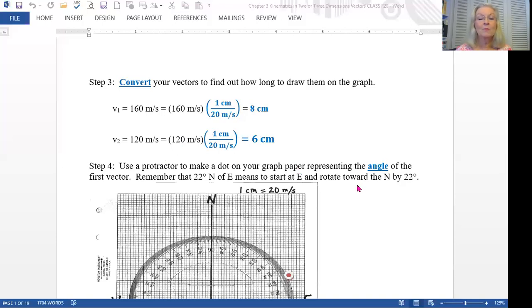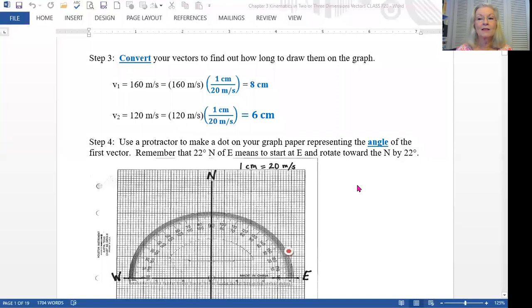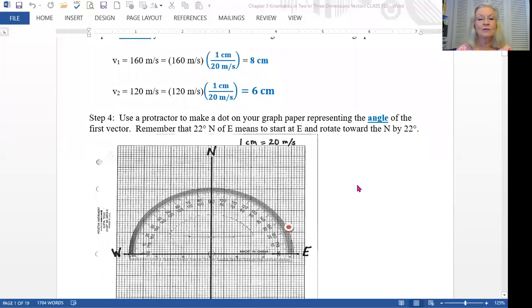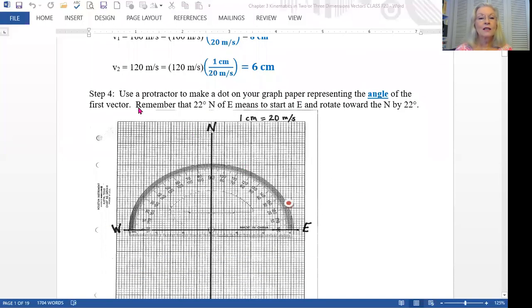All right, so I know how long they have to be. Now I need to measure the angle so I can get them tilted the right direction. So let's look at the angle measurement. We're given 22 degrees north of east for the first vector, for that 8 centimeter long one. 22 degrees north of east means start east, move north 22 degrees.